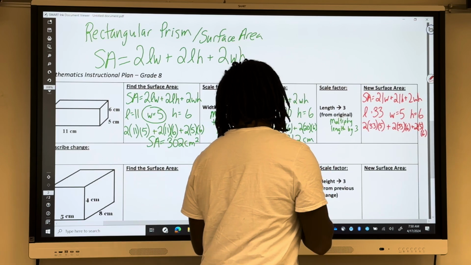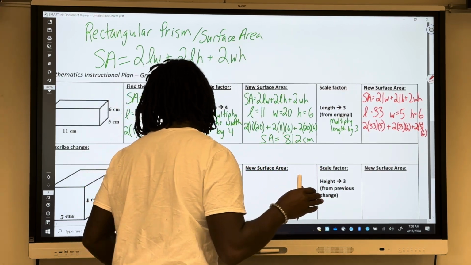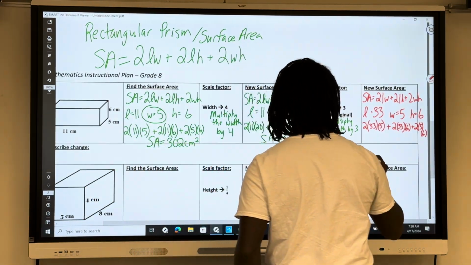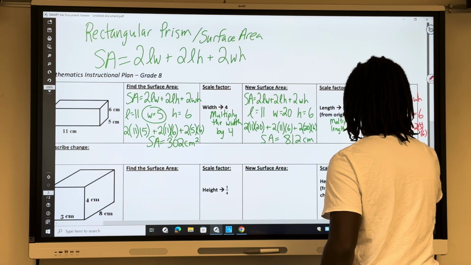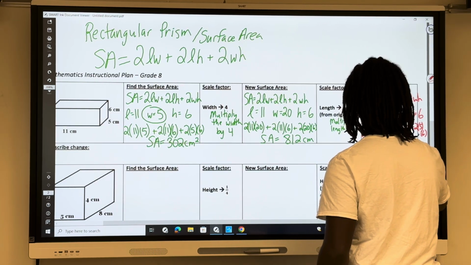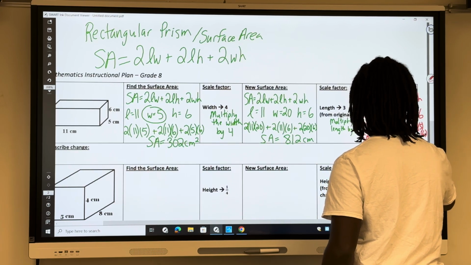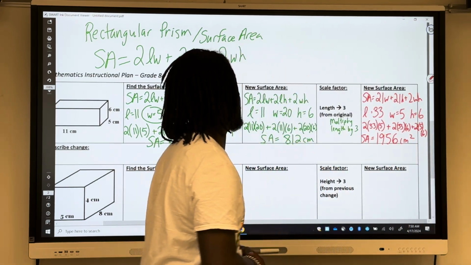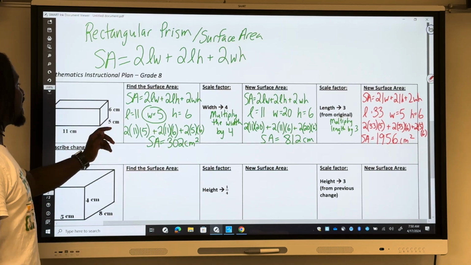Okay, and so multiply that, put it into Desmos. It's going to end up giving me that the surface area equals 1,956 centimeters squared.